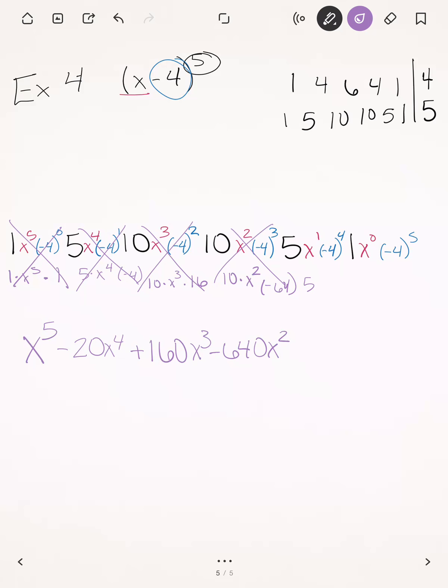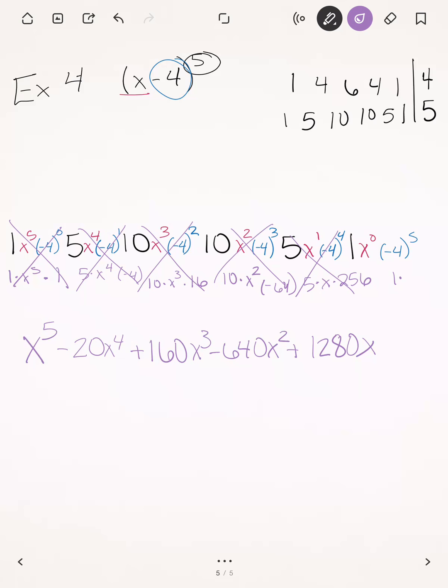Okay, I have 5 times x. Negative 4 to the 4th power is 256. 5 times 256 is a positive 1,280x. Okay, the next one I have, so I'm done with that. They're all starting to run together in this one. My screen isn't big enough.